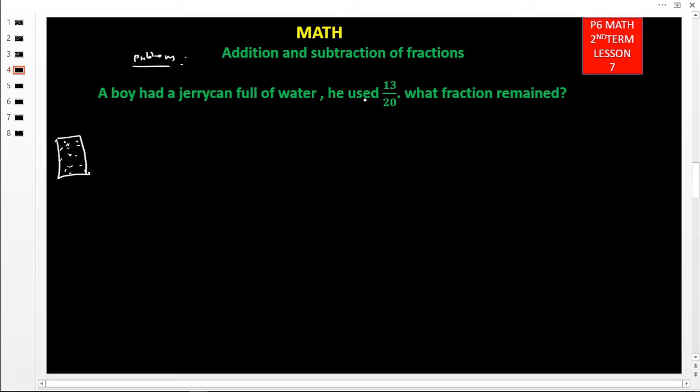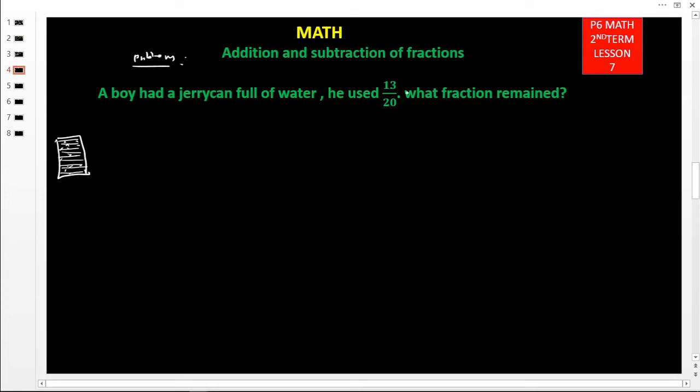And this boy used 13 out of 20. Now remember when we looked at fractions, we said the denominator shows how many times the whole has been divided, meaning that the whole jelly can was divided into 20 parts. I can't show them here, but this is what it means. Out of 20 parts, the boy used 13 parts.